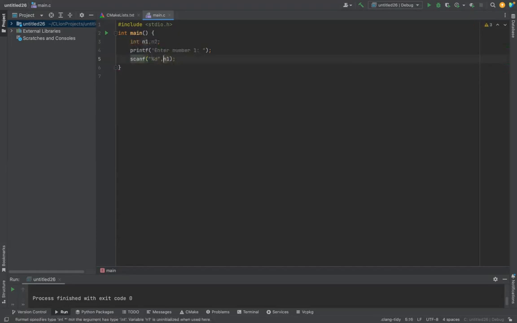Okay, we have to use the and sign in front of the variable in the scanf function, and you can copy and paste. Enter number 2, n2.